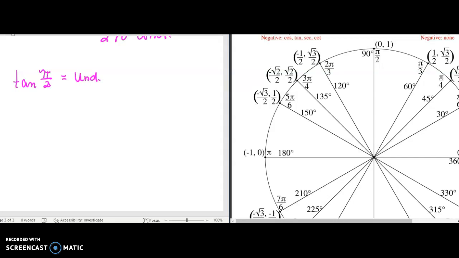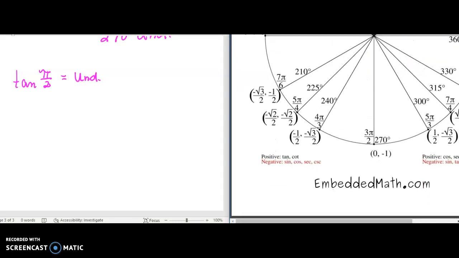If I asked you what is the cosine of 3 pi over 2, 3 pi over 2 is a 270. So cosine, I'm asking you for the x value. So we look over here, the x value of a 270 is 0.